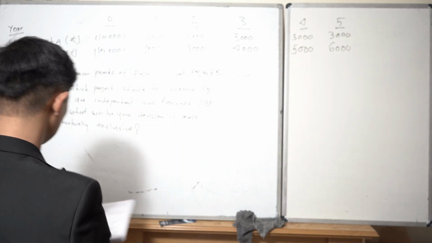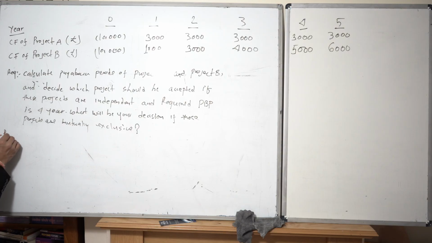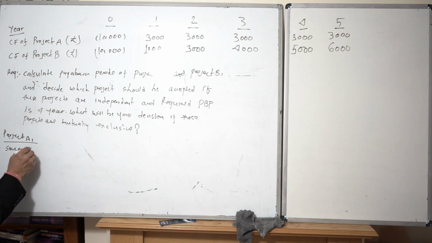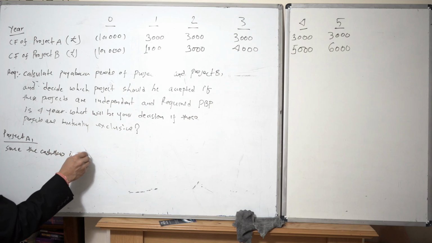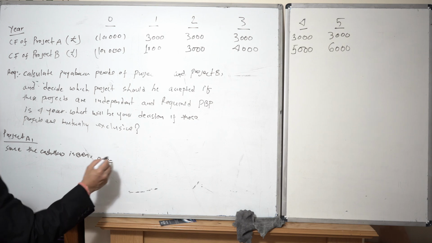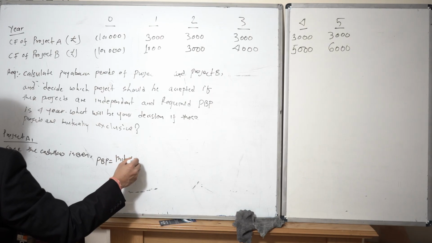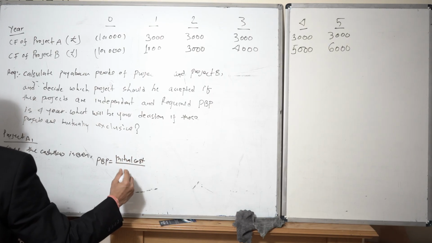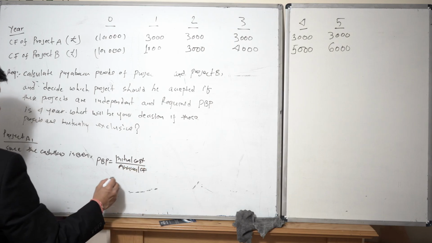So we can simply calculate project A. Since the cash flow is even, we know that the payback period is equal to the initial cost divided by the annual cash flow. So what is the initial cost?